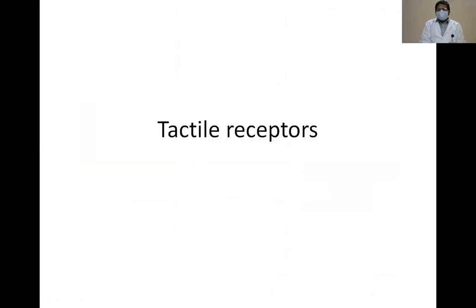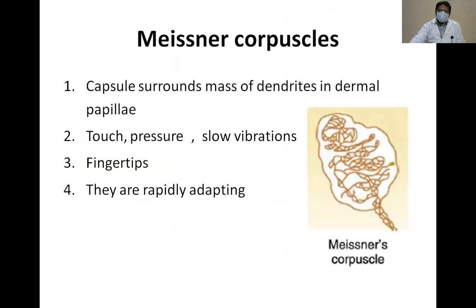Then the tactile receptors. If you look at the Meissner's corpuscles, the capsule surrounds the mass of dendrites in the dermal papillae. The capsules surround the Meissner's corpuscles. So it carries the sensations of touch, pressure, and slow vibration.